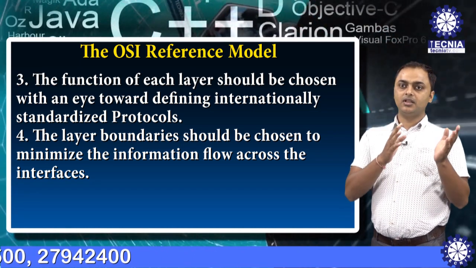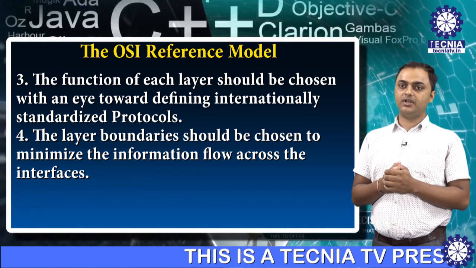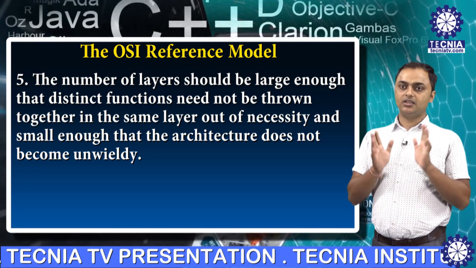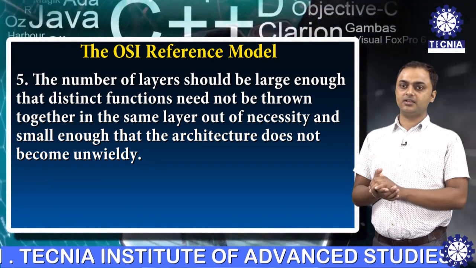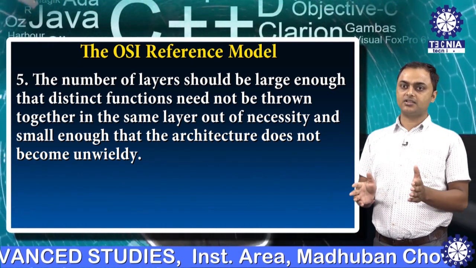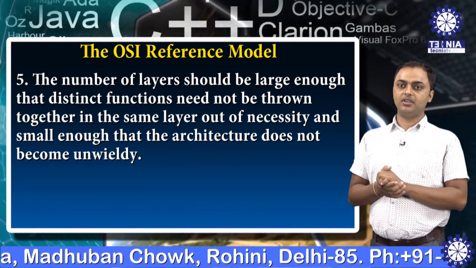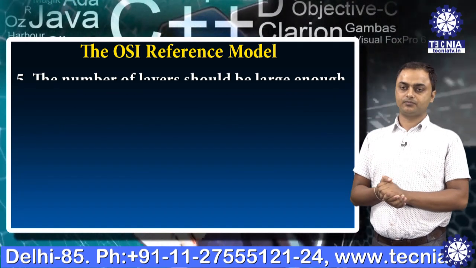Fourth, the layer boundaries should be chosen to minimize the information flow across the interface. Last point is, the number of layers should be large enough that distinct functions need not be thrown together in the same layer out of necessity, and small enough that the architecture does not become unwieldy.